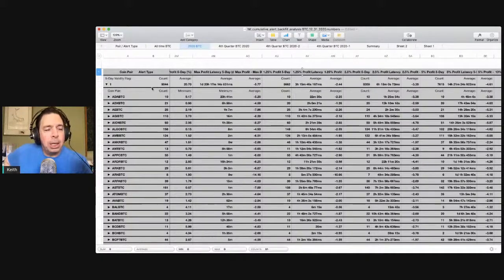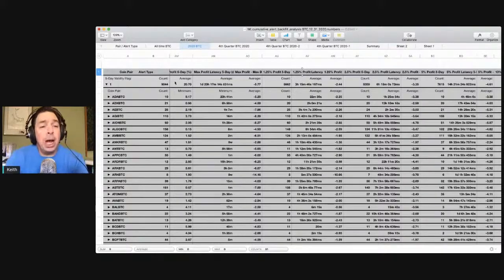We created the USDT MTF signals to fill in the gaps, because there were times where we weren't getting as many BTC signals as we were hoping for. And so the USDT pairs are optimized at a different deviation setting that gives us a higher frequency of those signals. So there are actually more USDT signals than BTC signals on average. But let's go ahead and look at what we have here.